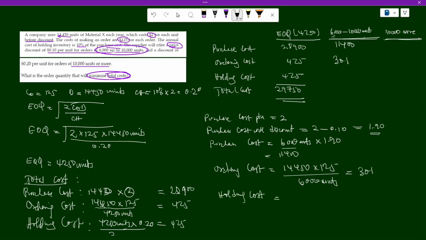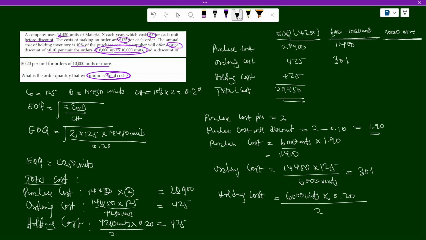Okay, let's look at our holding cost. So the holding cost is going to be the economic order quantity, which in this case is 6,000 units, multiplied by the cost of holding, which is 0.20 divided by 2.